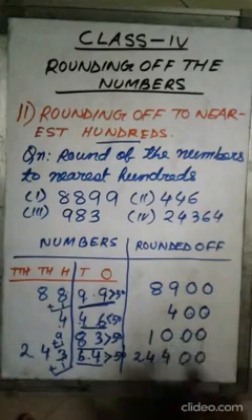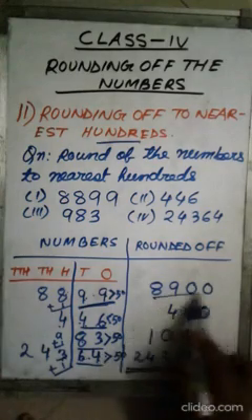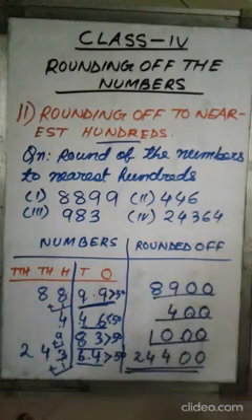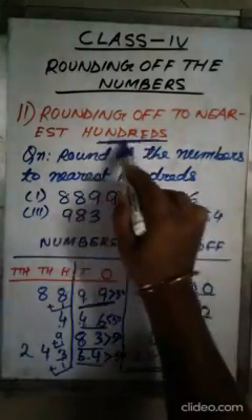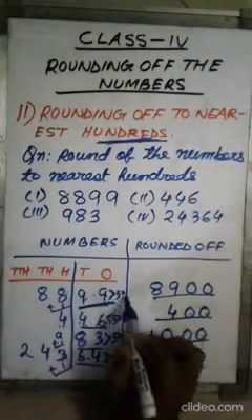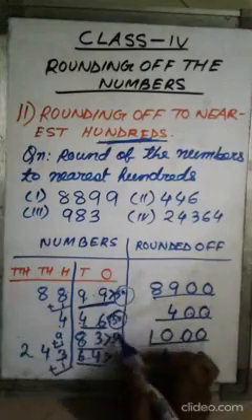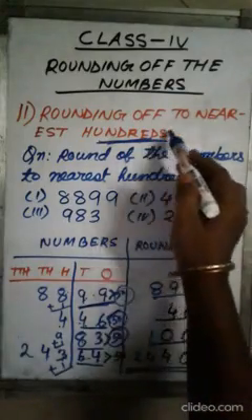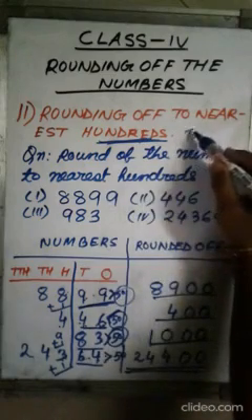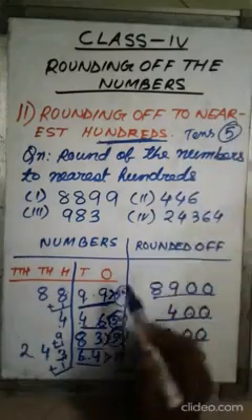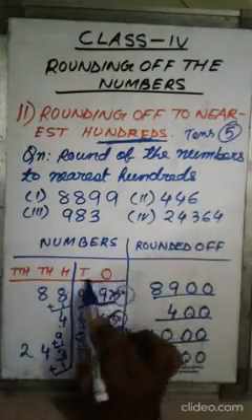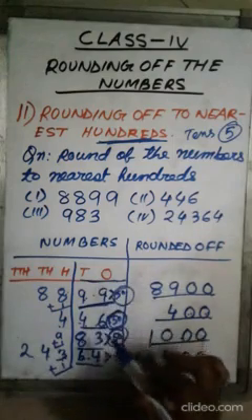So after rounding off I get these numbers. If you are asked to find the rounding of a number to hundreds, you have to compare with 50. For tens it was with 5, but for hundreds it will be with 50.